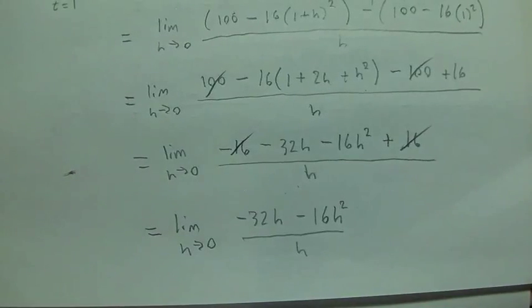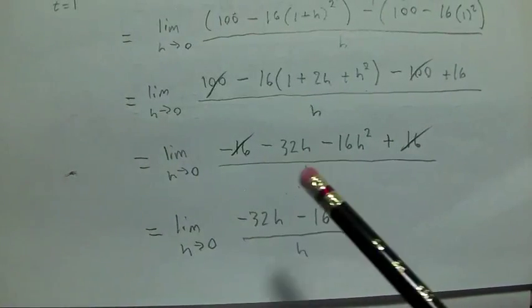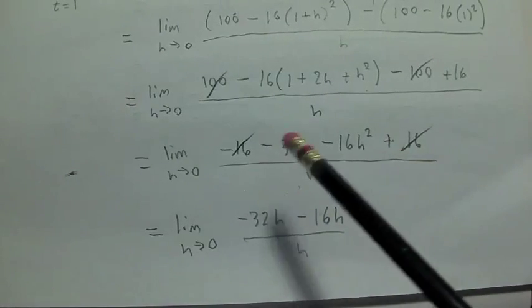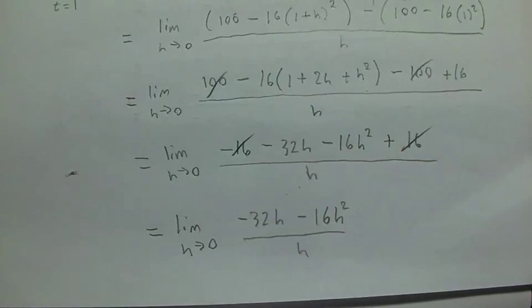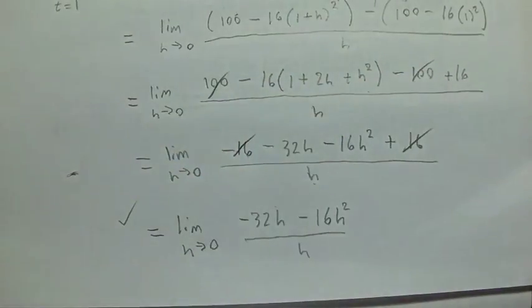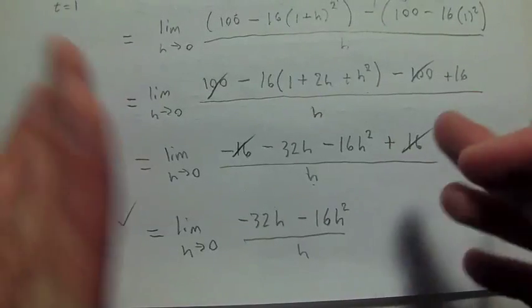Whenever you're calculating the instantaneous rate of change using the limit definition, this should pretty much always happen. You should always get down to a step where all you have is h's in the numerator. If you don't get that, this is a flag. This is a place where you can check. Right? This is a checkpoint. If you don't get that, you've done something wrong, provided you started with some nice polynomial.